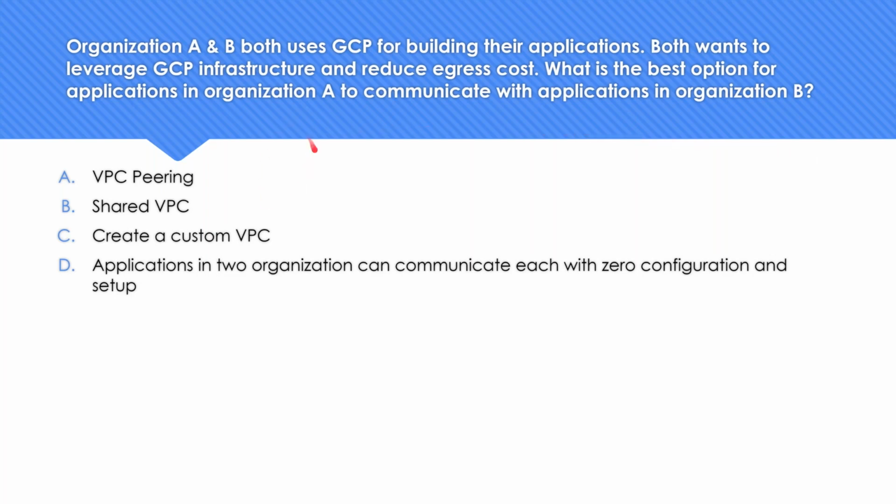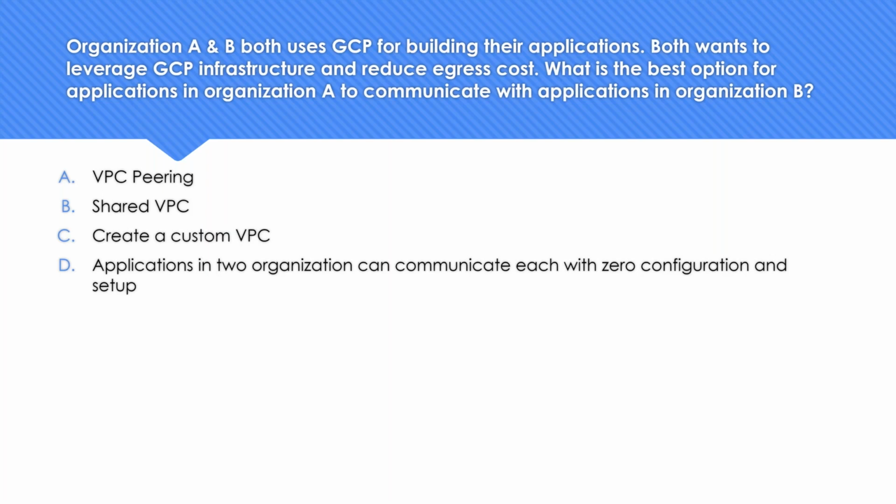All right, folks, let's do a small explanation. First option, VPC network peering. Two GCP networks. It's very clear both are using GCP for building, meaning they are using GCP for their application development.